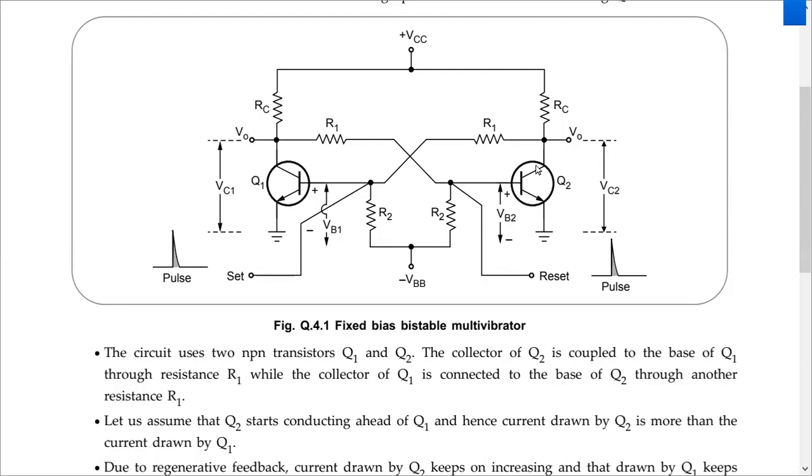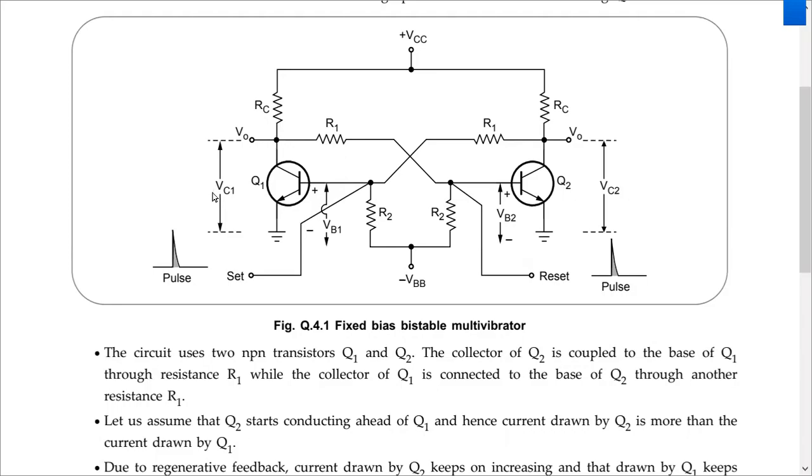Again, due to this regenerative feedback mechanism, Q1 will be pushed further towards the off position. This will stop when Q2 completely goes into the on position and Q1 goes to the off position. So initially Q1 will be off, Q2 will be on.